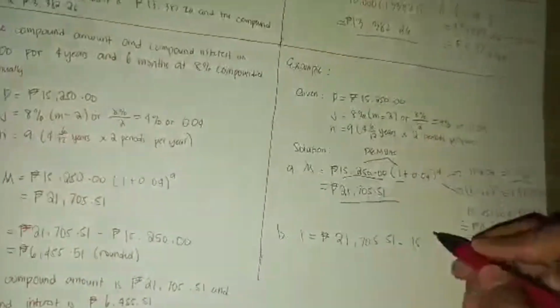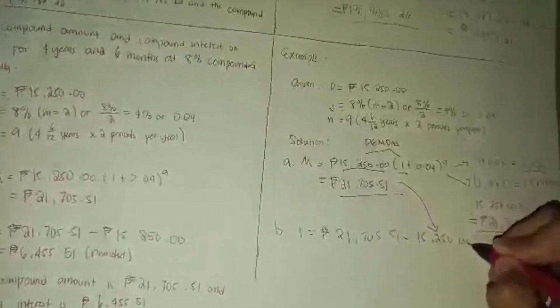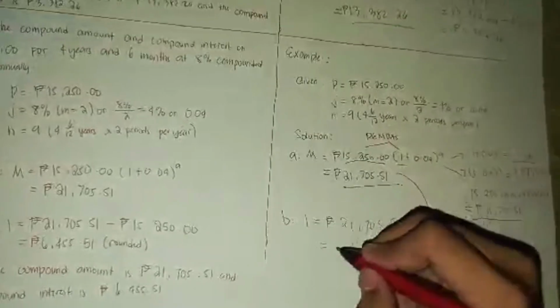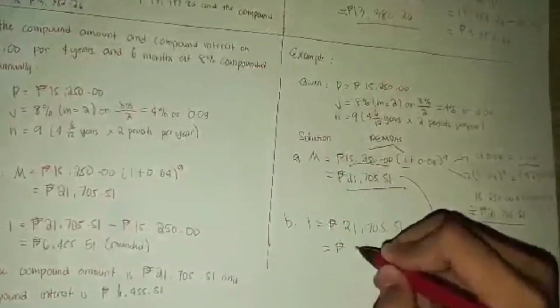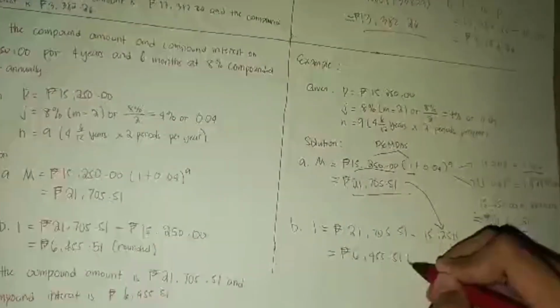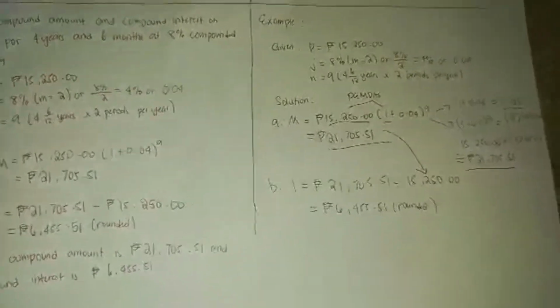We will subtract this, guys, in here. The answer is 6,455.51 rounded. That's all.